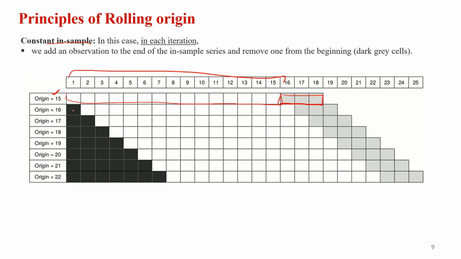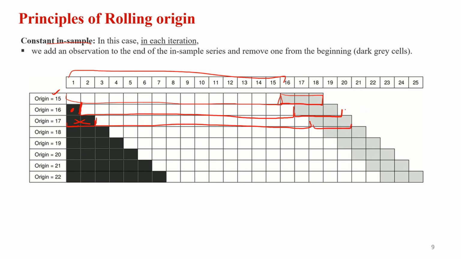Then we remove this first observation, and now I use 2 to 16 to train the model. Again we have 15 observations in sample, and these three are my forecast horizon. Then when the origin is 17, the first two observations are removed. Again we have 15 observations to train the model, and these three are the forecast horizon.